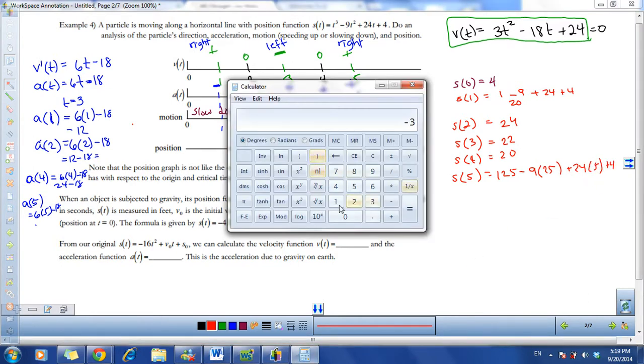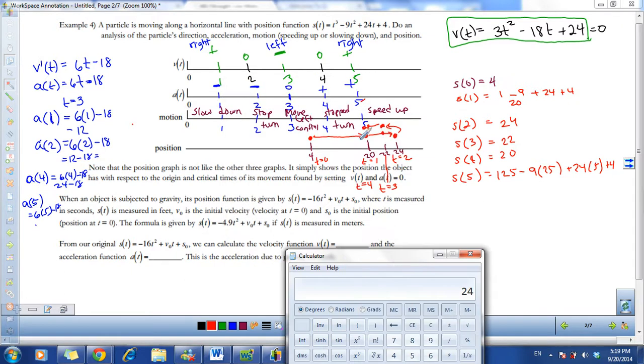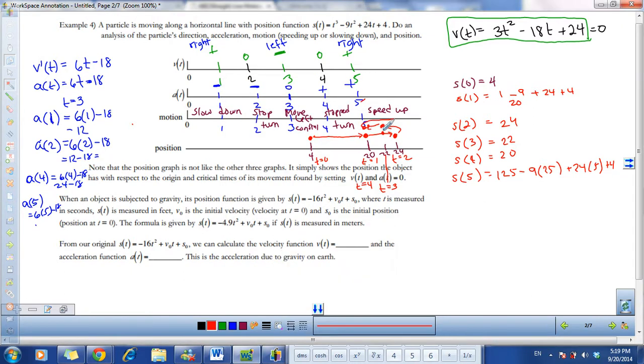Get my handy-dandy calculator, so 125 minus 9 times 25, plus 24 times 5, plus 4 equals 24. So I'm back at 24 this way. So we turned around and went back to 24. So it did this kind of S thing right here that can't make up its mind.